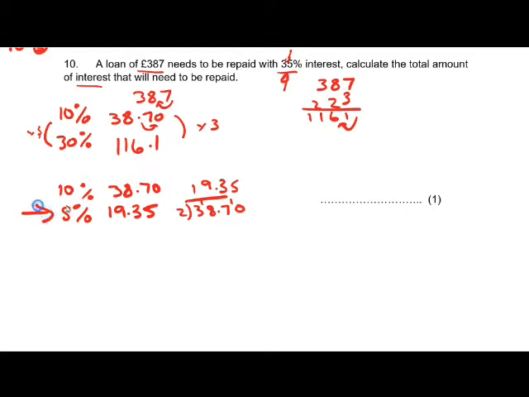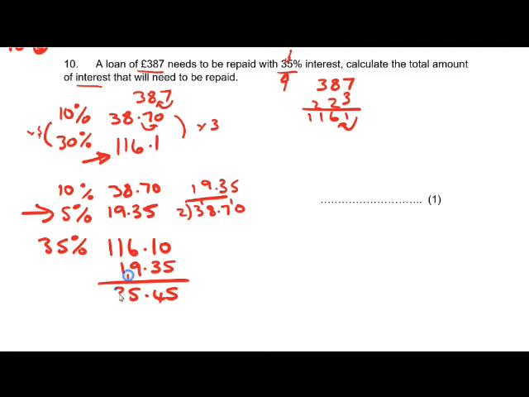So we've got our 5%, we've got our 30%. So to get our 35%, we add the 2 together. And you end up with £135.45 as the total interest that needs to be repaid.